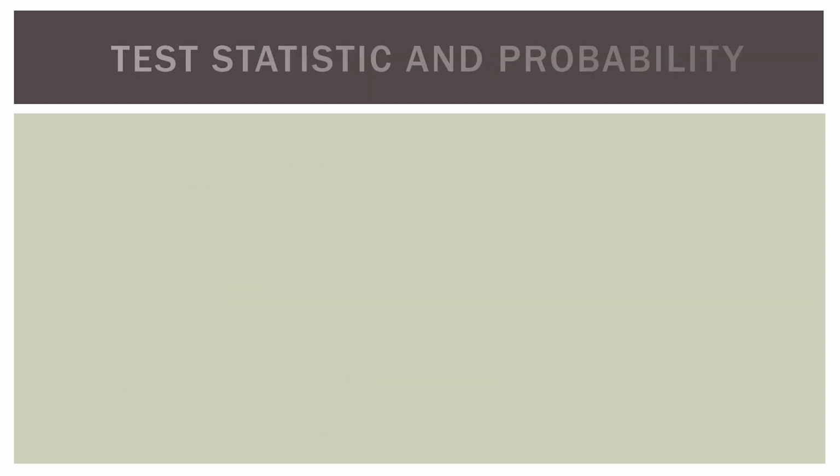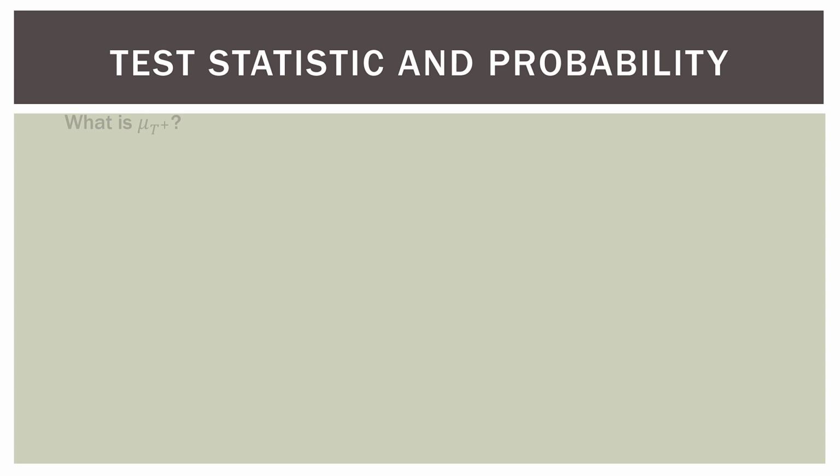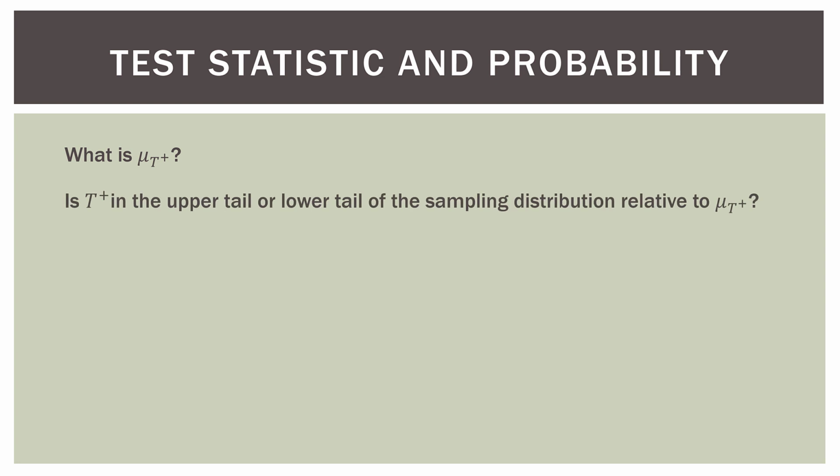So the test statistic and the probability. First we ask, what is mu sub T+, which again is the mean of our sampling distribution if the positives and negatives in the ranks were evenly balanced. So is T+ in the upper tail or the lower tail of the sampling distribution relative to mu sub T+?